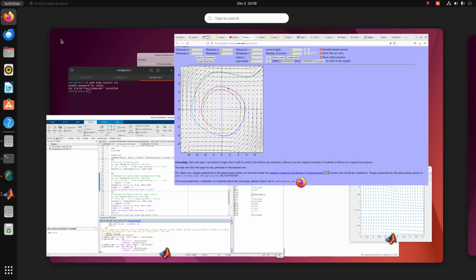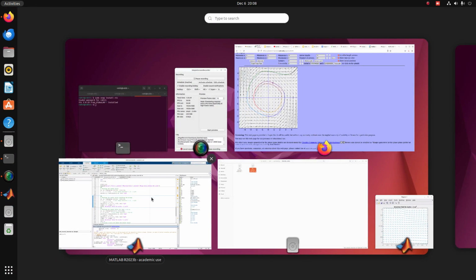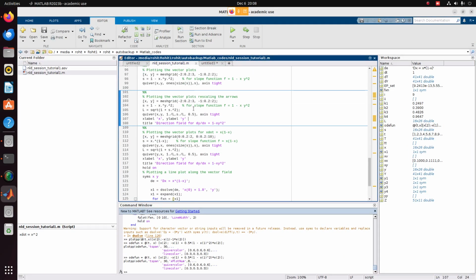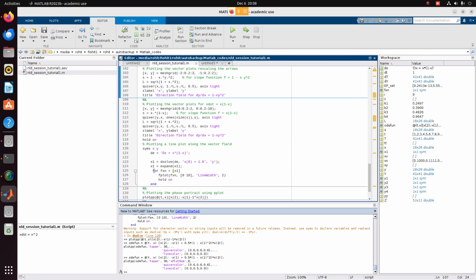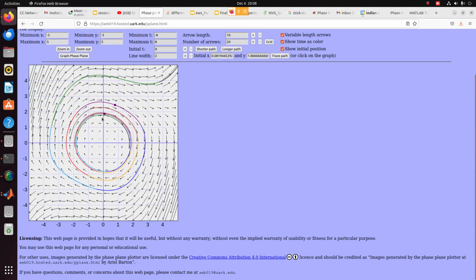Similar to this, you can plot the vector fields using this quiver plot. And so now once you have got the quiver plot, if you want to plot a given line over this quiver plot, say when we click here, we are able to see a particular line that is moving from one point to another.